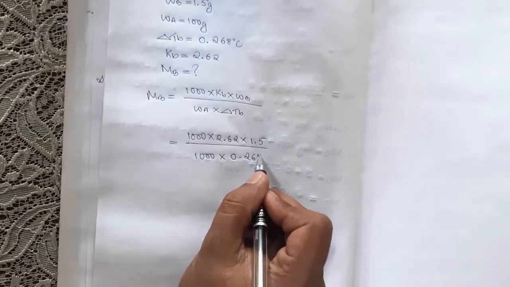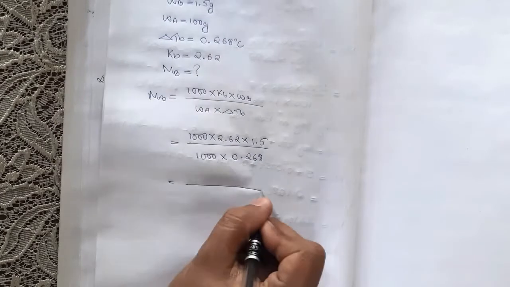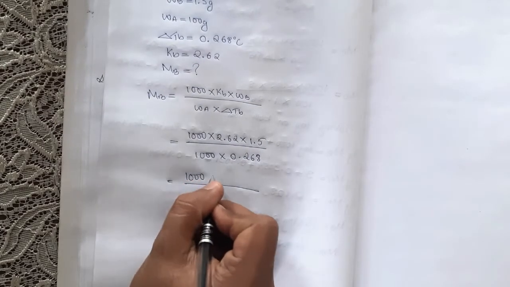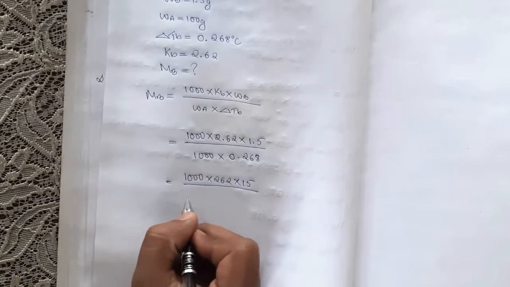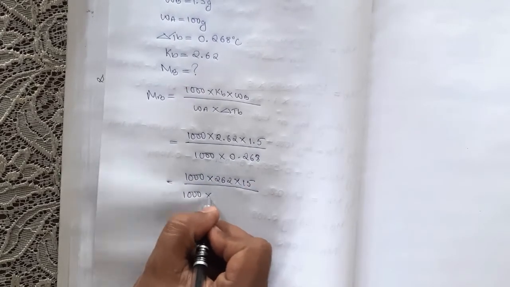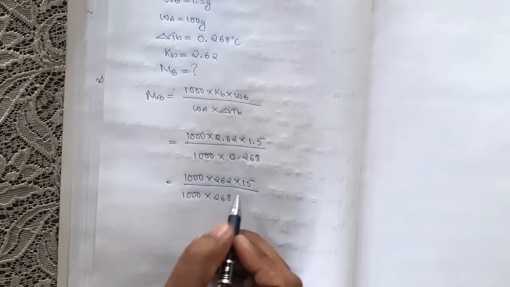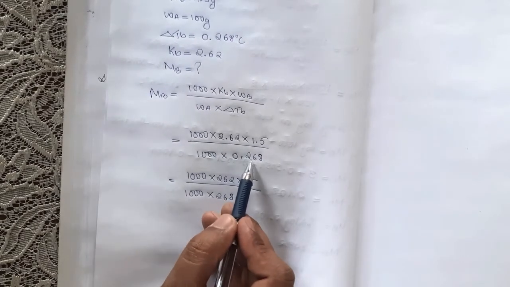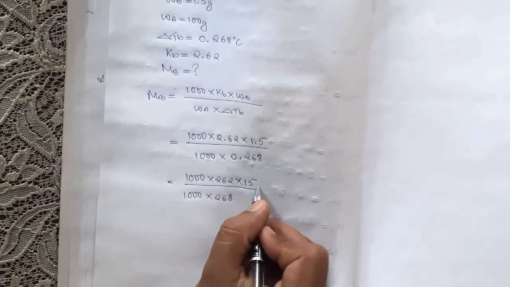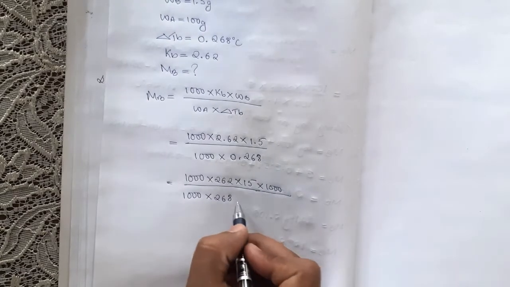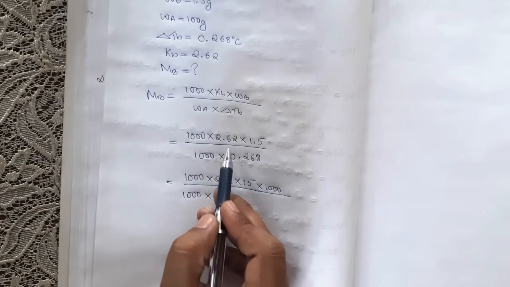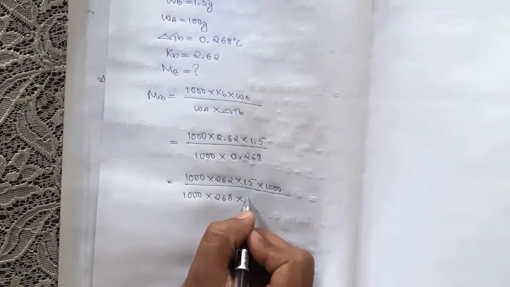So now let's remove all the decimals. If you remove the decimals, it becomes easier to solve the problems. After the decimal, we have 1, 2, 3 numbers. So I'll put 3 zeros out here, and then after the point, we have 1, 2, 3. So I'll put 3 zeros below.